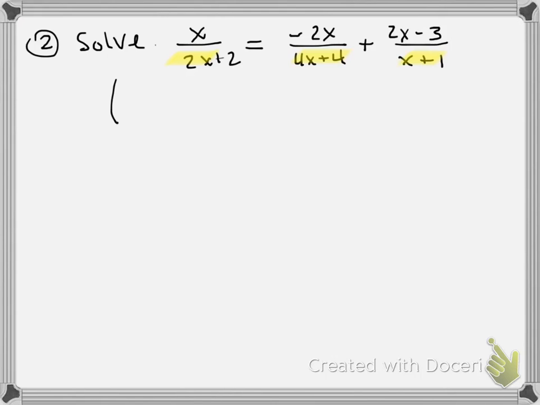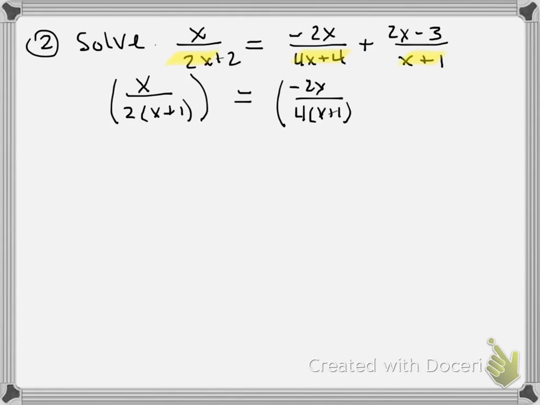Here I have x over, I'm going to factor, 2 times (x plus 1) on the left, and on the right I have negative 2x over 4 times (x plus 1) plus (2x minus 3) over (x plus 1).